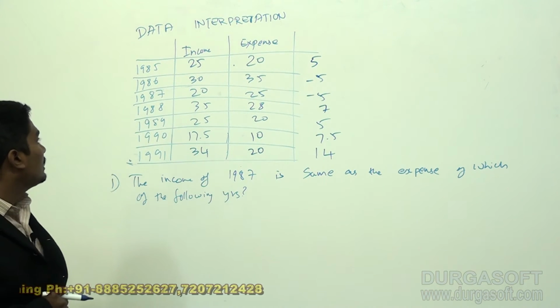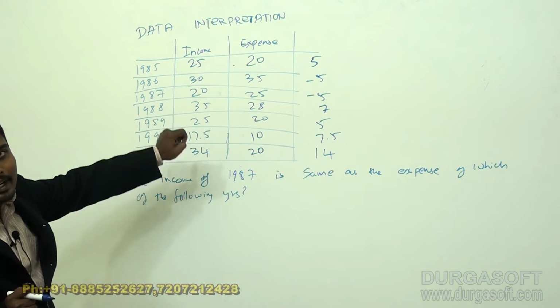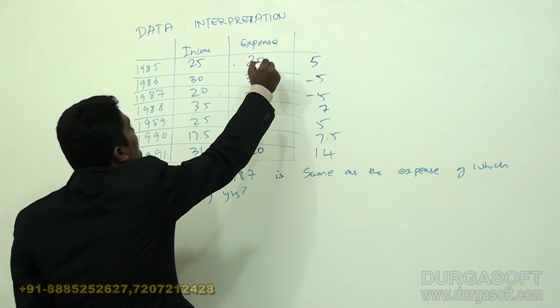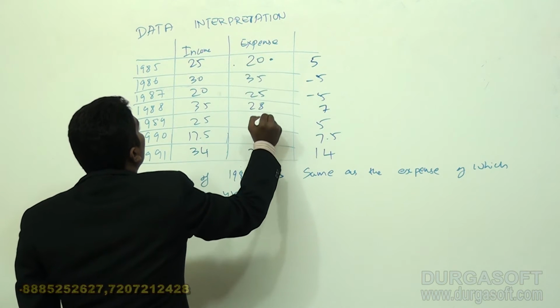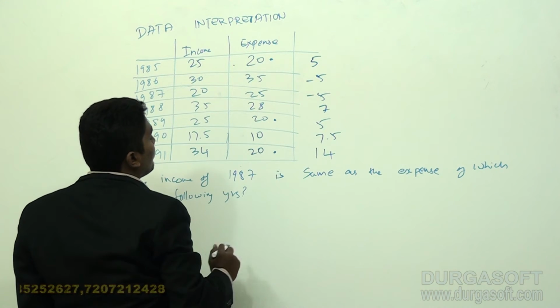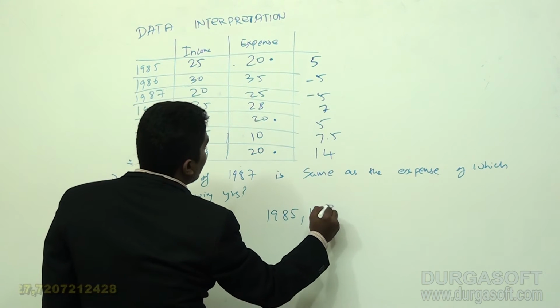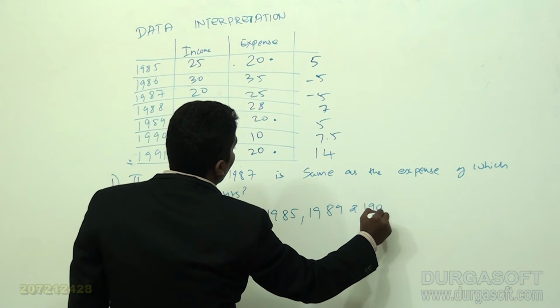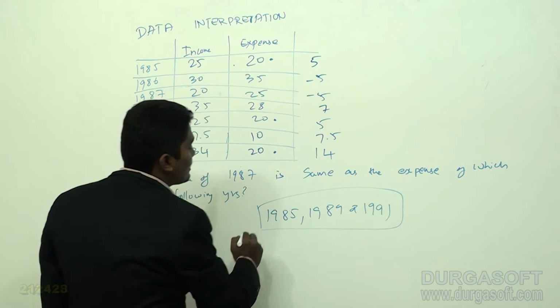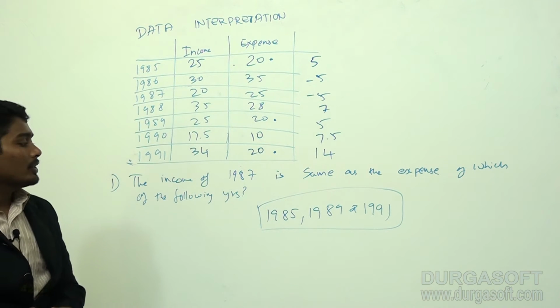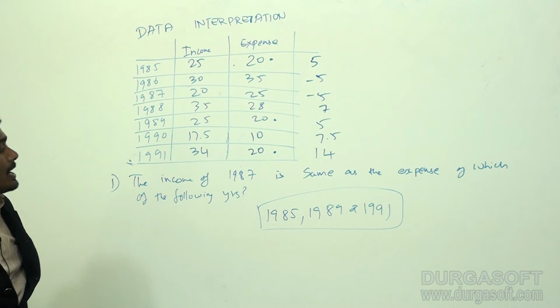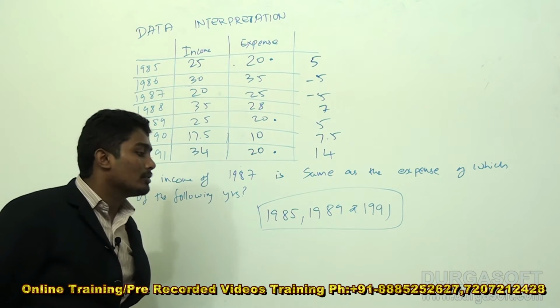Here I can say that 1987's income is 20. So at which places are the expenses 20? At 85, 89 and 91. So the answer is 1985, 1989 and 1991. For the second question the answer will be 85, 89 and 91.